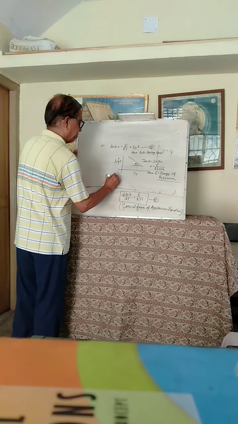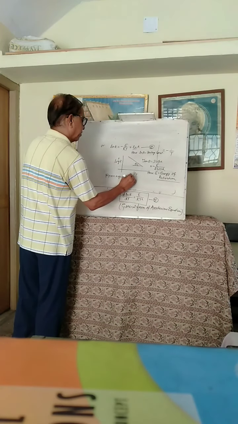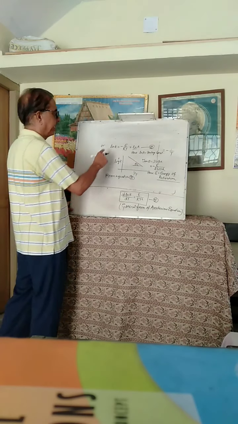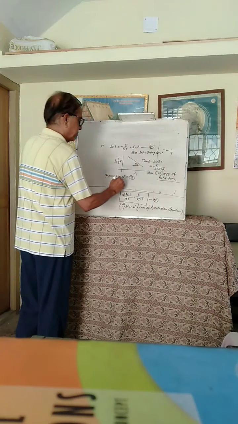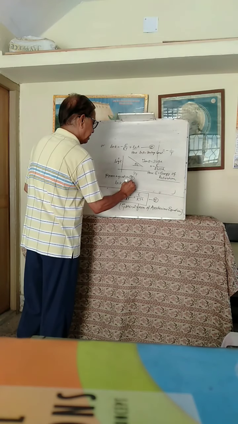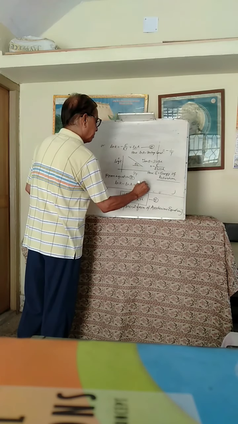From equation 6, we can write this as ln K minus ln A is equal to minus E upon RT.